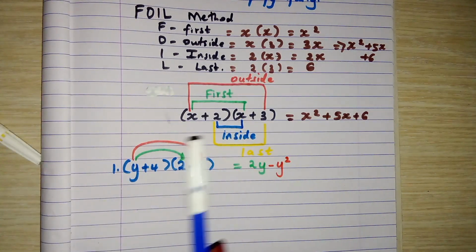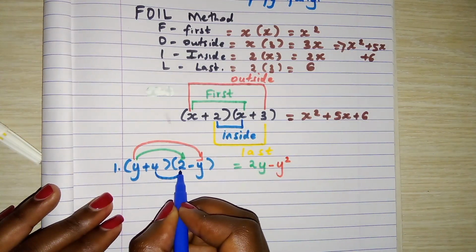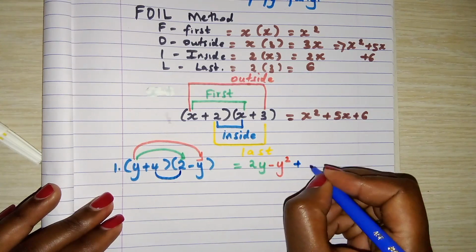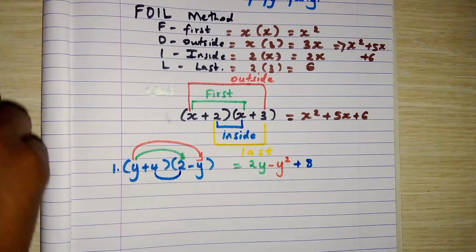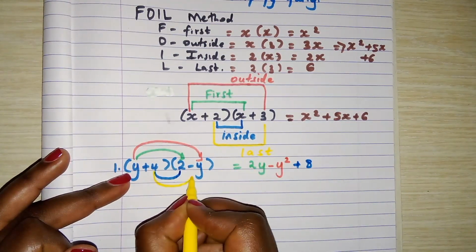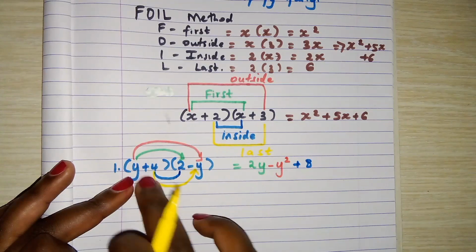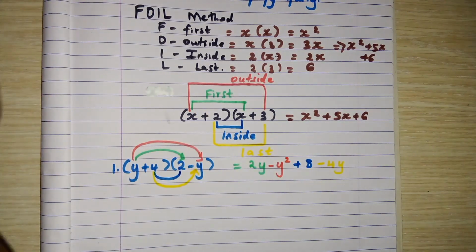Then we go to inside, which is 4 times 2, that is 8, and it's a plus. Then we have the last one. The last one is 4 and negative y. 4 times negative y would be negative 4y.